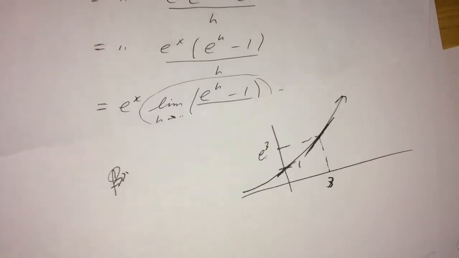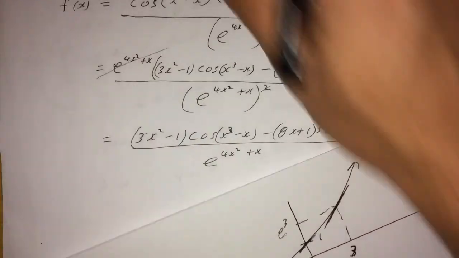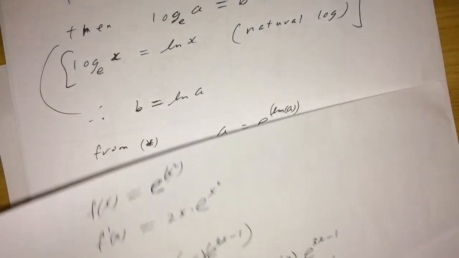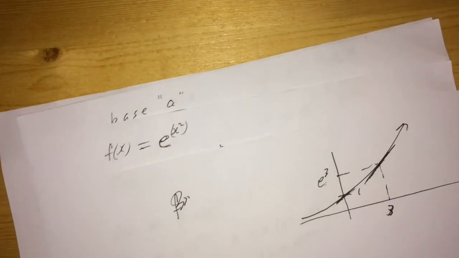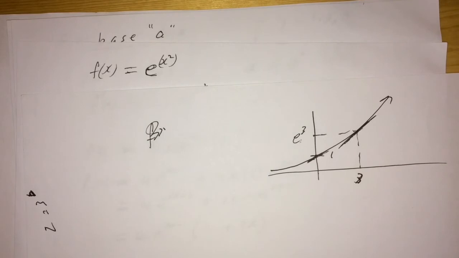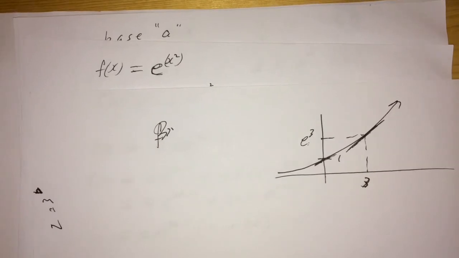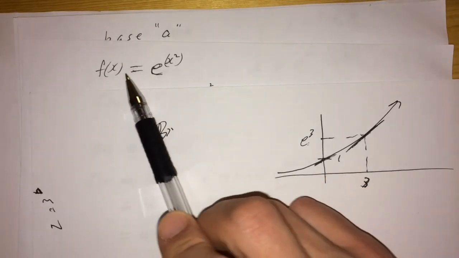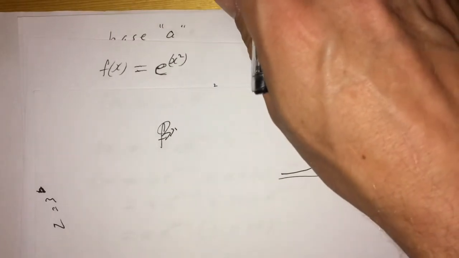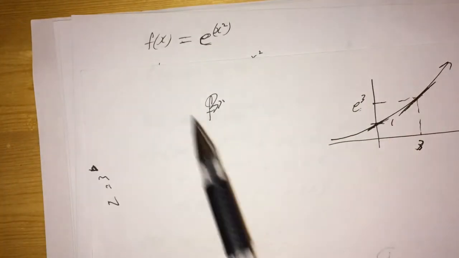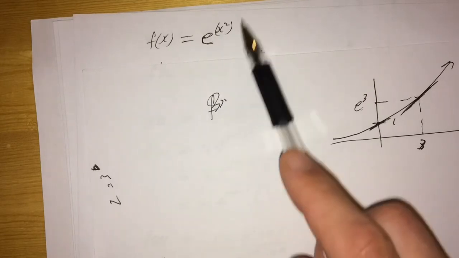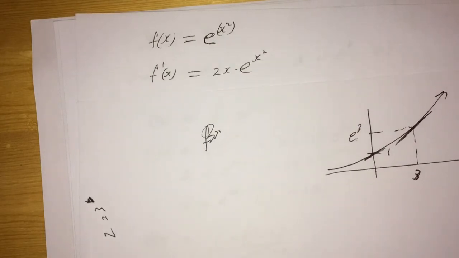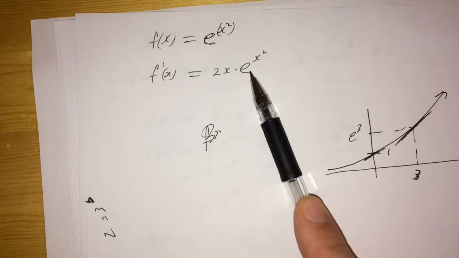Let's try this example right here: f of x equals e to the x squared. The derivative of x squared is 2x, and then you write the function again.